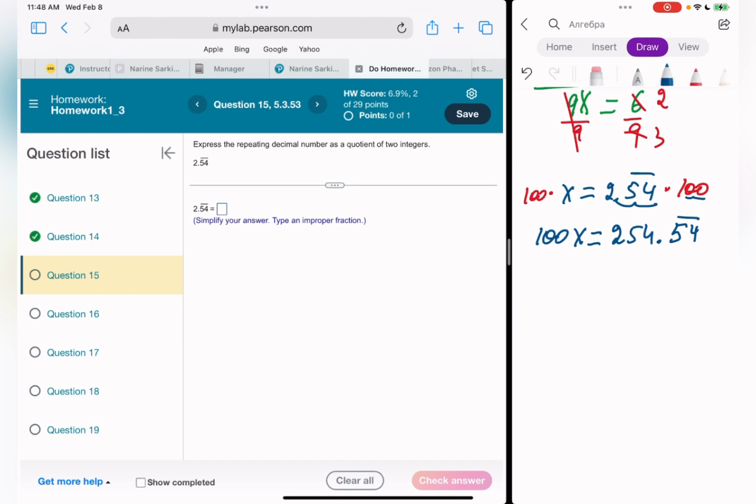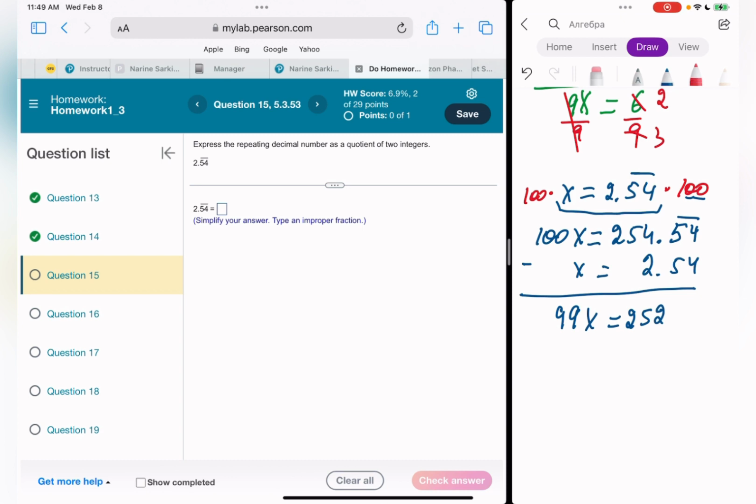From here, I'm going to subtract the original one, x is equal to 2.54 repeating. As a result, we are getting 99x is equal to 252.00, or 252 only.